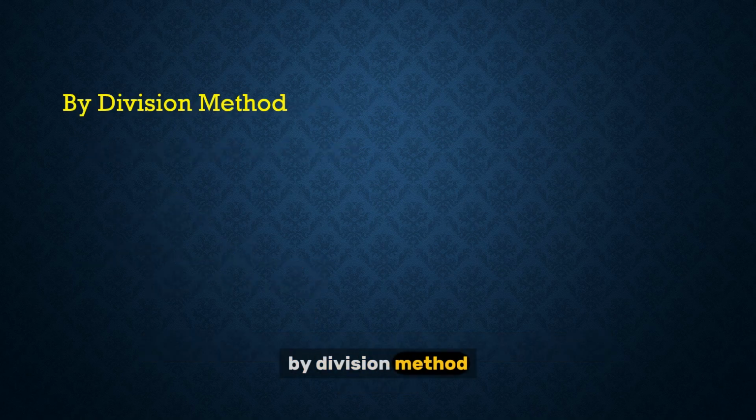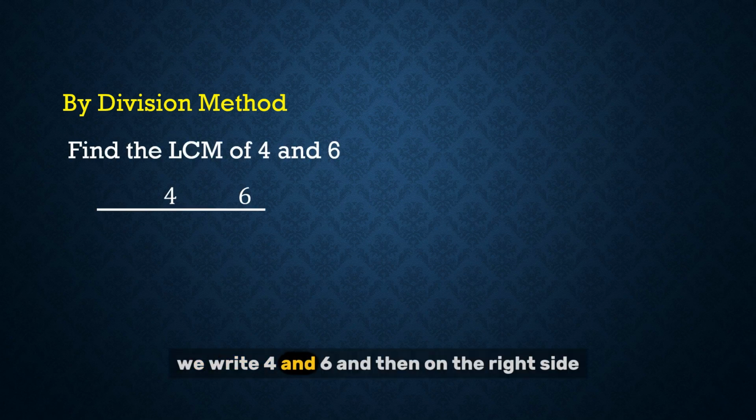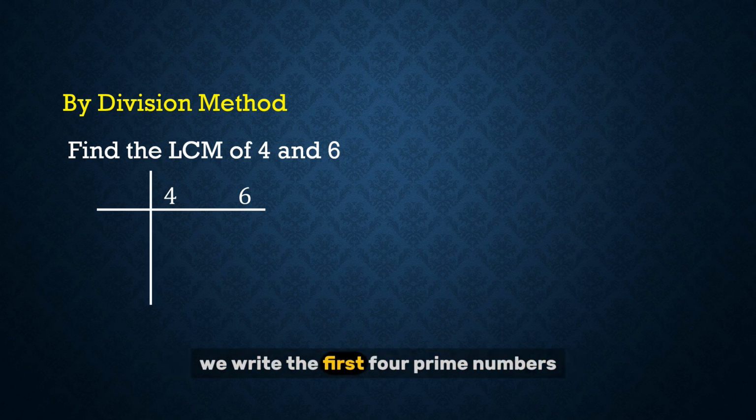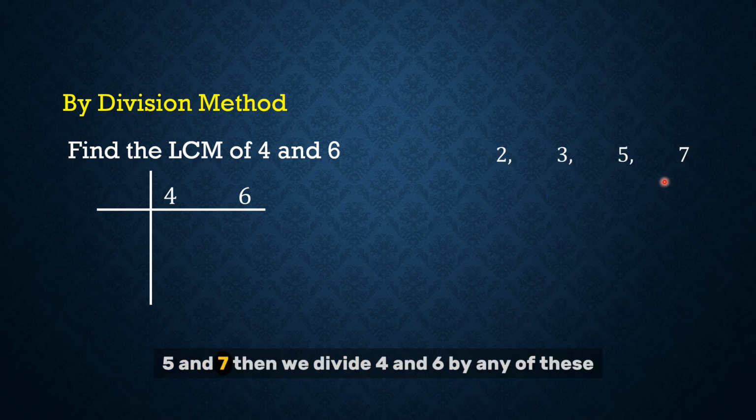By division method, find the LCM of 4 and 6. We write 4 and 6, and then on the right side, we write the first 4 prime numbers. They are 2, 3, 5, and 7.